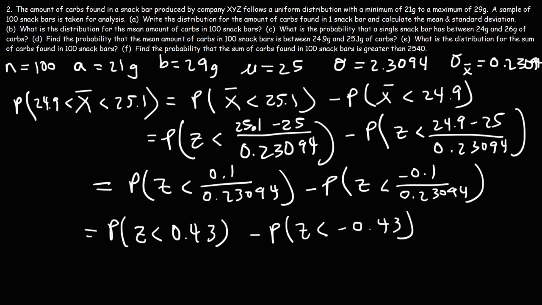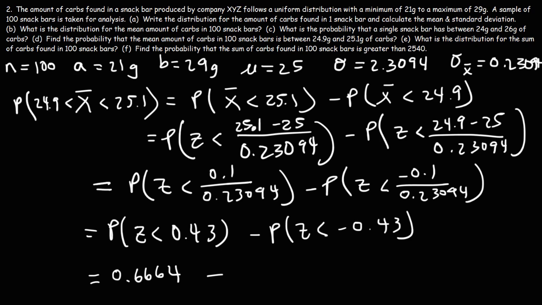So now, using the z-score table, if you go to the positive z-score table, 0.43 gives us an area of 0.664. This is the area to the left of 0.43. Now the area to the left of negative 0.43 for z, we need to go to the negative z table.